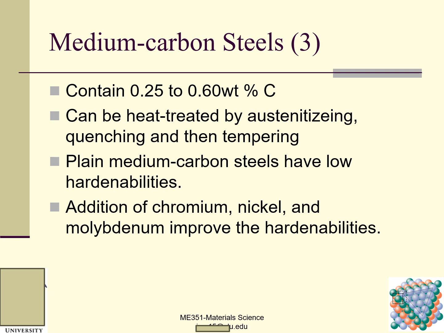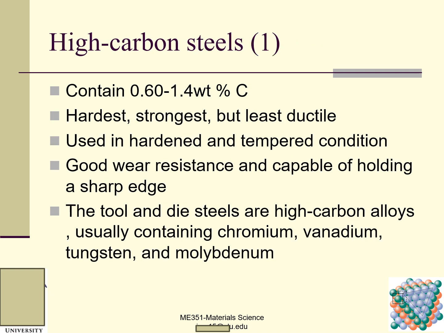For medium carbon steels, we have this range of carbon, and they can be heat treated by austenitizing, quenching, and then tempering. Plain medium carbon steels have low hardenability. Addition of chromium, nickel, and molybdenum improves hardenabilities.